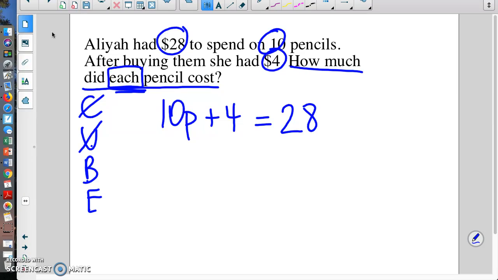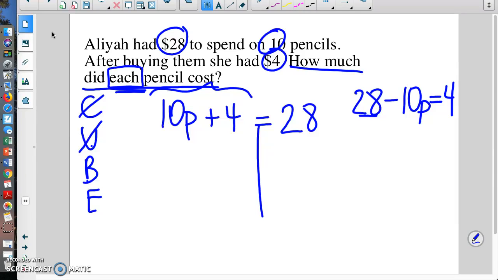Or you can say, okay, well, I started with $28 and I want to subtract the 10 pencils, because I don't know how much each one costs, and what I have left over is 4. You're going to see that whichever one you did is actually going to work. Whether you start with all of this adds up to be 28, or when I start with 28, I end up with 4, both of those will work.